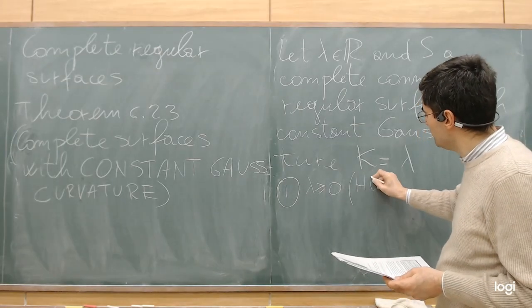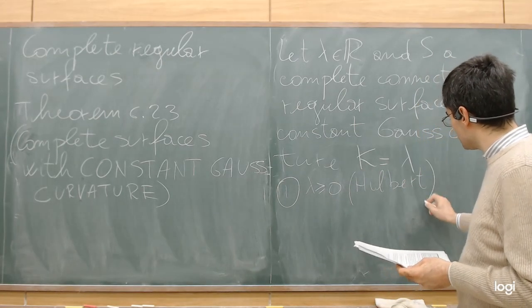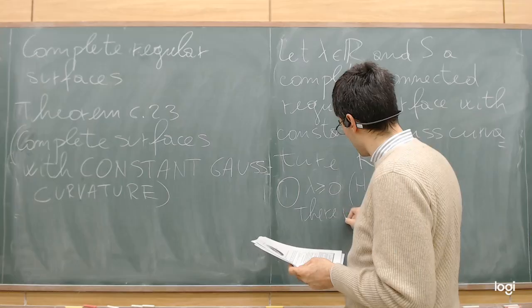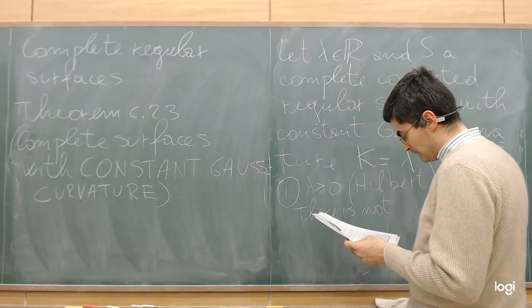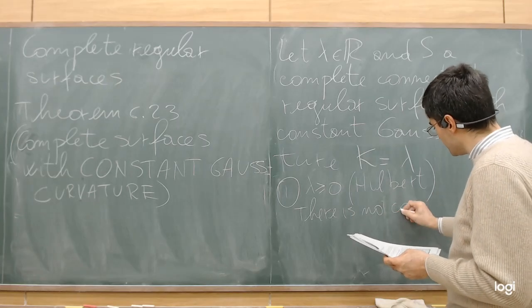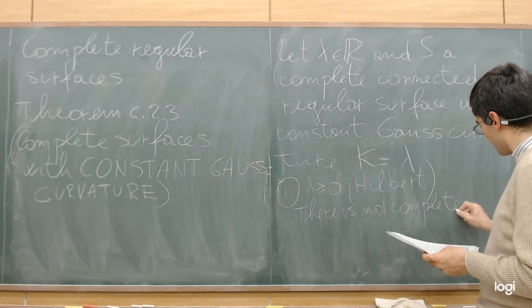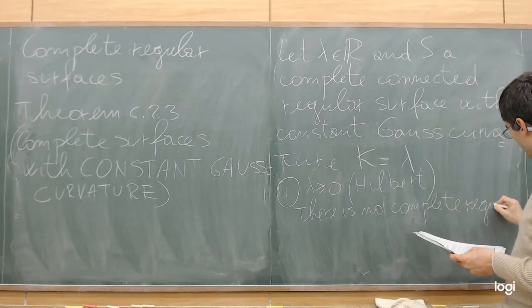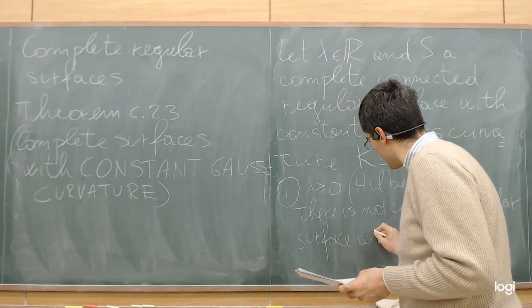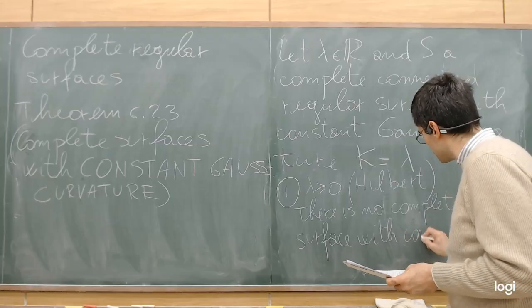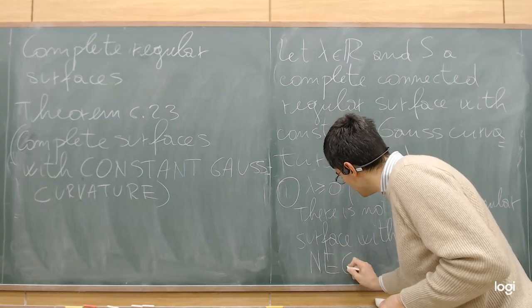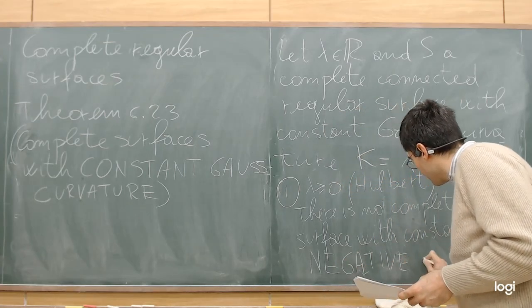This has been proved by Hilbert, and this means that there is no complete regular surface with constant negative curvature.